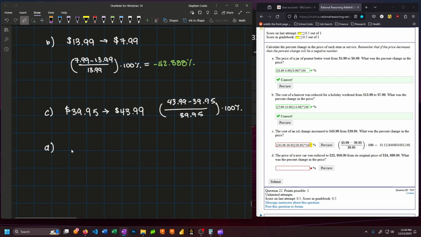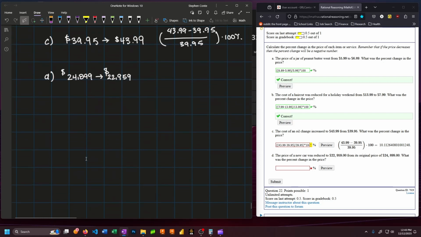Okay, D. So initial price $24,899. We go from that to $22,959. What's the percent change?